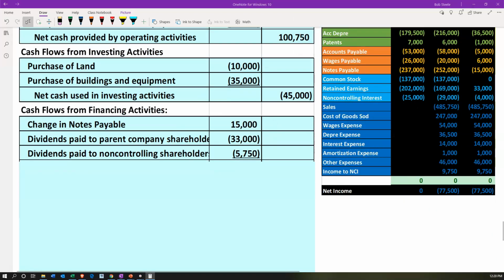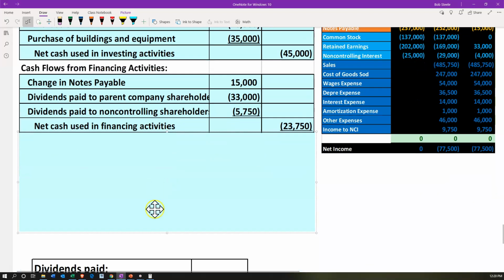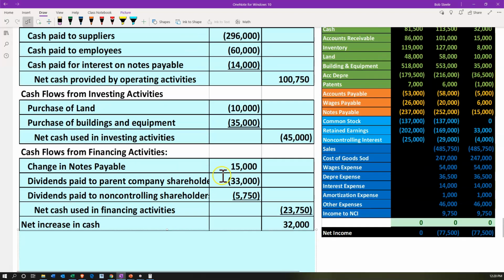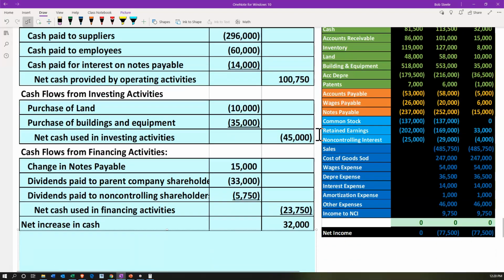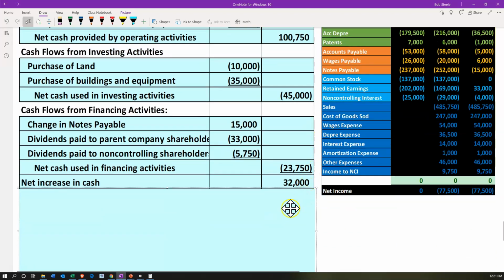Then pulling the calculator back out, the net cash used in the financing activities is going to be the 15, the 33, and the 5,750, for the 23,750. The net increase in cash then is going to be the cash from the operating activities less the cash used in the investing and financing activities, the 100,750 minus the 45,000 minus the 23,750, giving us that 32,000.